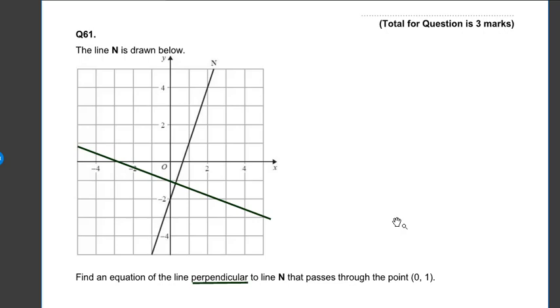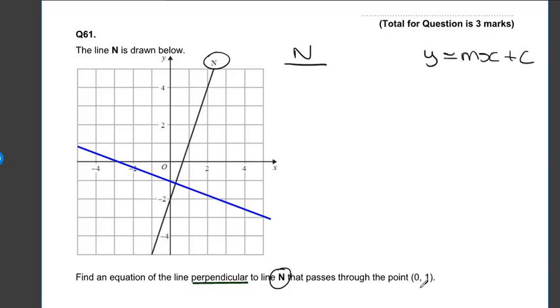What you need to do, it's perpendicular to n. So do we know the gradient of n? Let's find this line n. I'm going to make this a different color so you can see it properly. As I said, I'm just showing you that for illustrative purposes. You don't need to draw it in. So if we could get the gradient of this line n, then if we got the negative reciprocal, we could get the gradient of that. So we know for all lines y equals mx plus c.